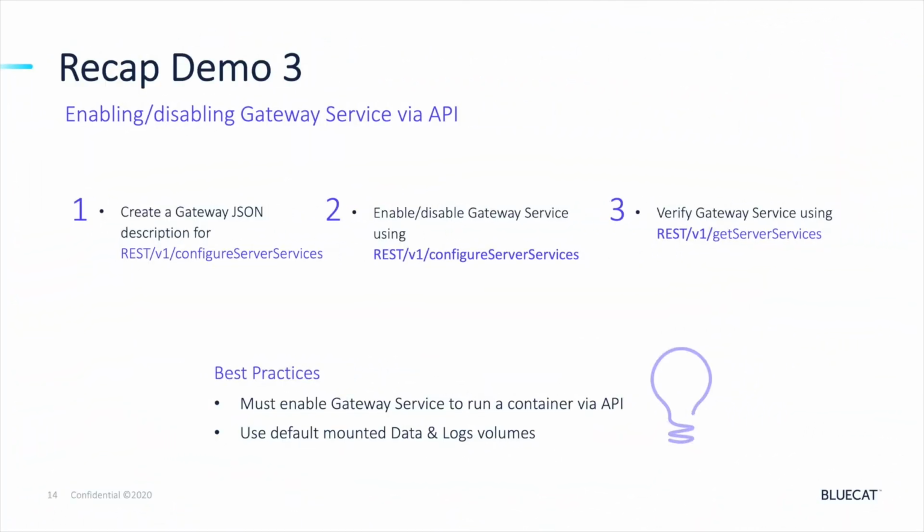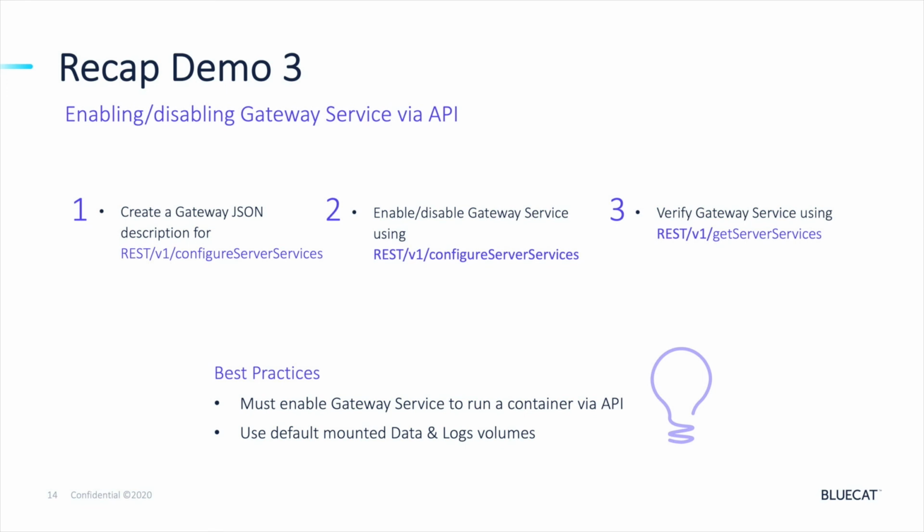So, to recap Demo 3, enabling Gateway service via API, there are three main steps that I performed in this demo. First, I created a JSON description. This is the JSON body that gets passed in the configure server services command.